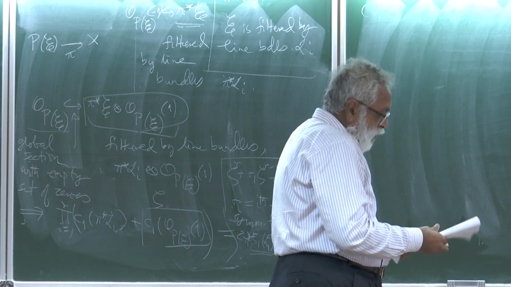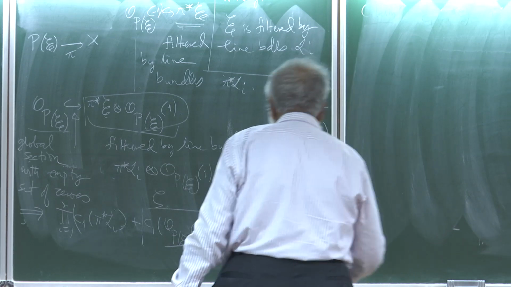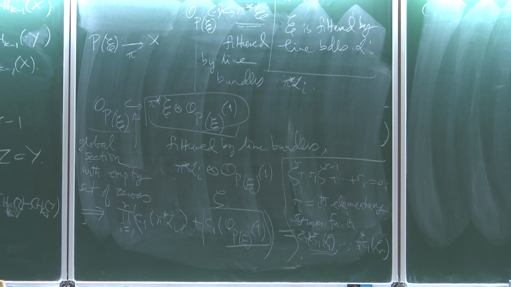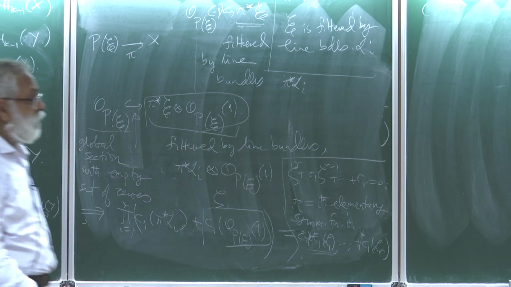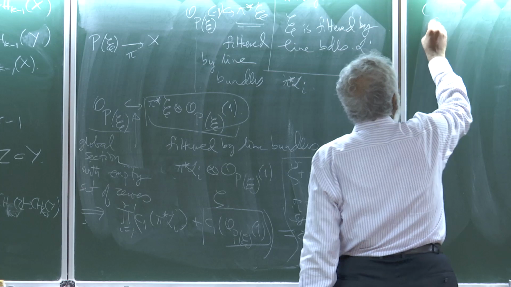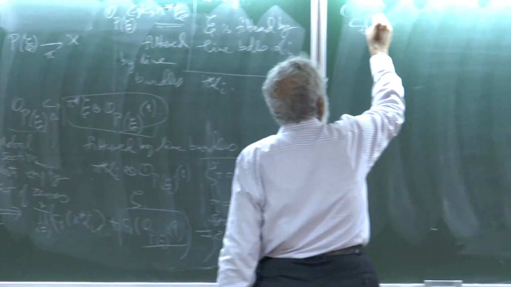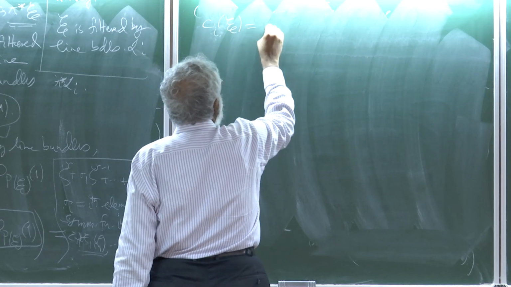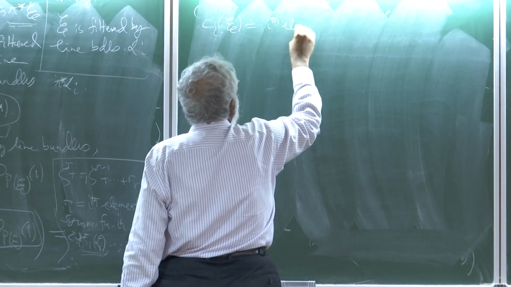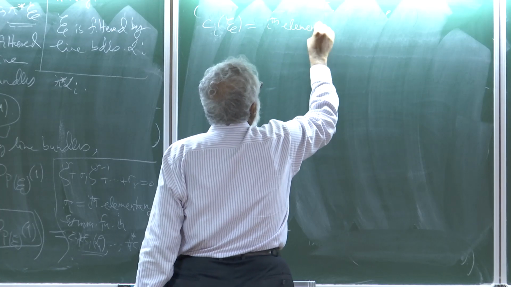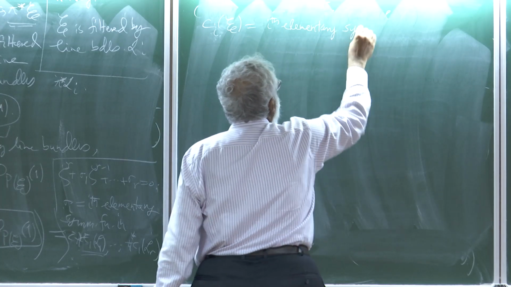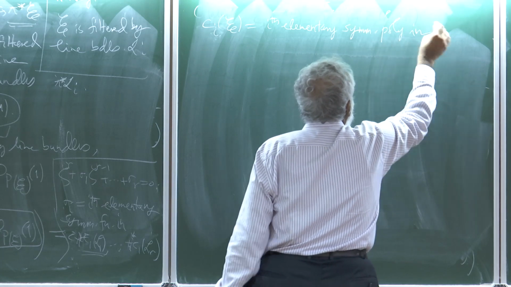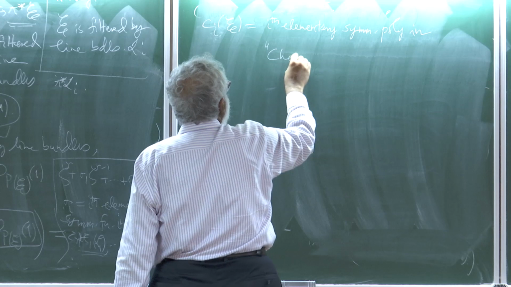Okay, so that allows us to have essentially the full formalism we need to study things related to Chern classes. CI of E is equal to the ith elementary symmetric polynomial in what are called the Chern roots.